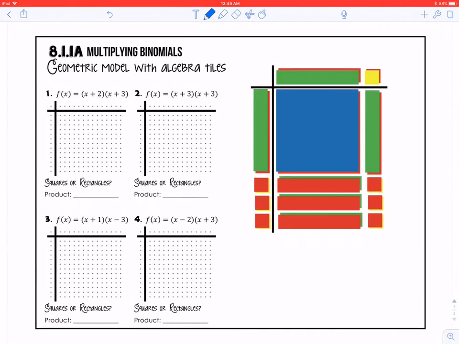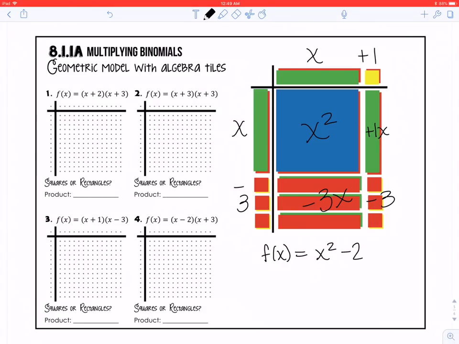This was our x plus 1, and this was our x minus 3, and that gave us x squared plus 1x minus 3x minus 3. So total, that would give me f of x is equal to x squared minus 2x minus 3.